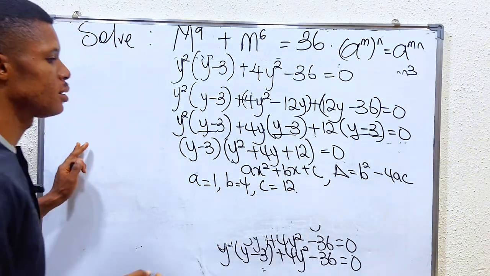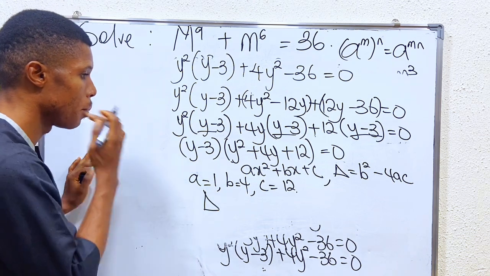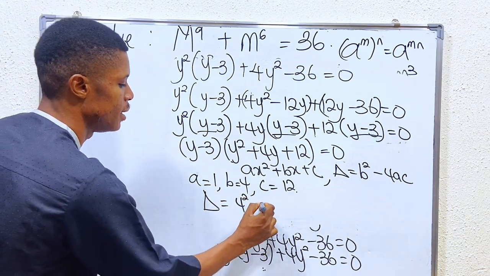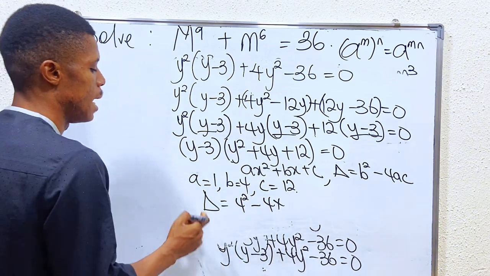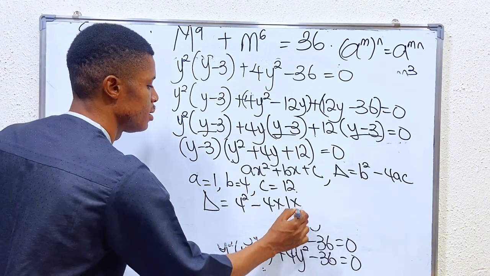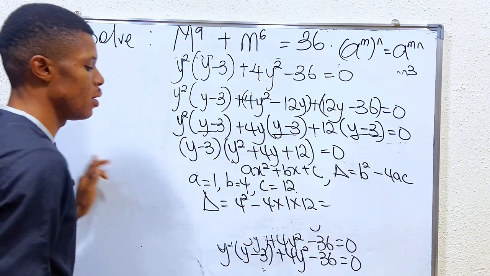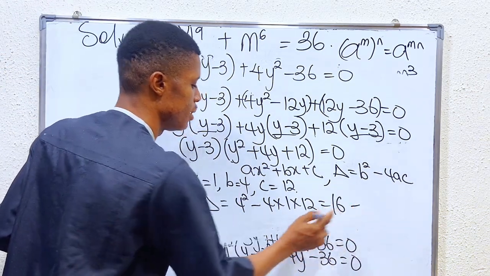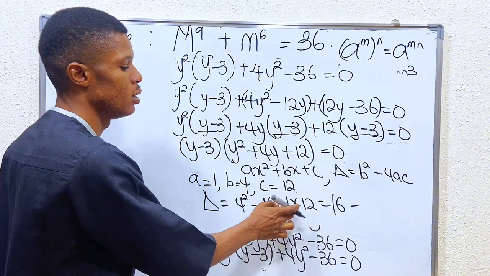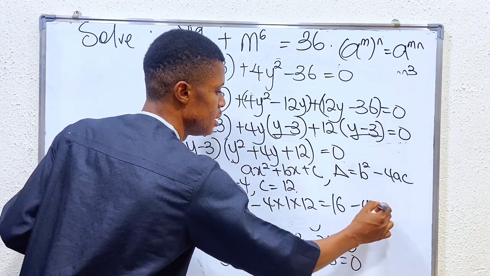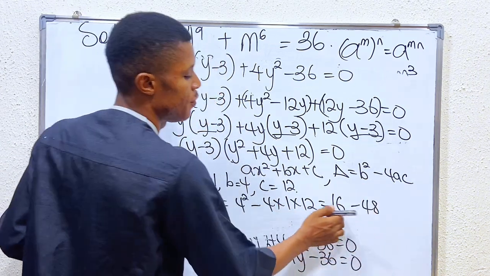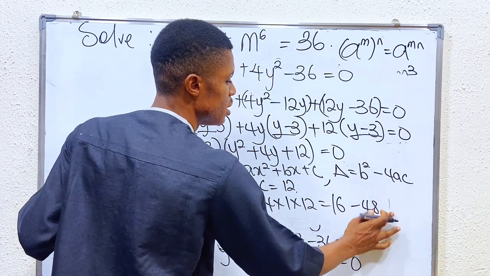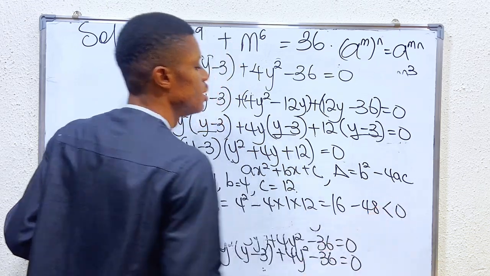If you try this now, b squared is 4 squared, minus 4 times a, which is 1, times c, which is 12. That gives us 16 minus 48, and you are having a negative value, which is less than 0.